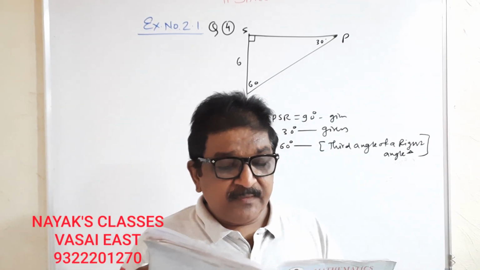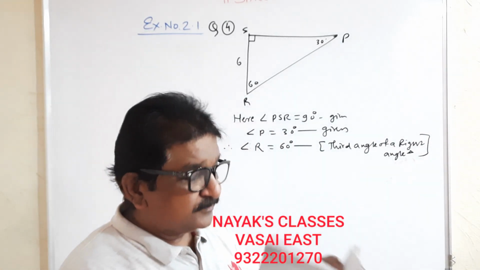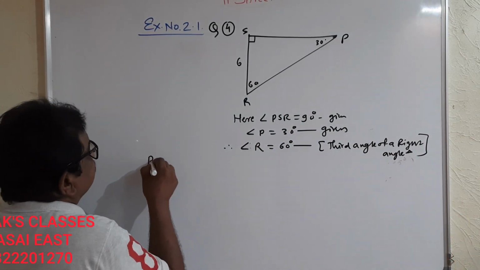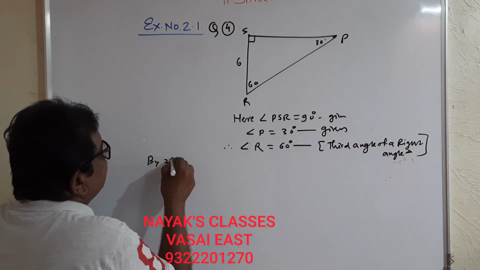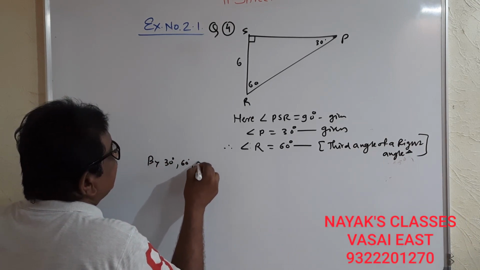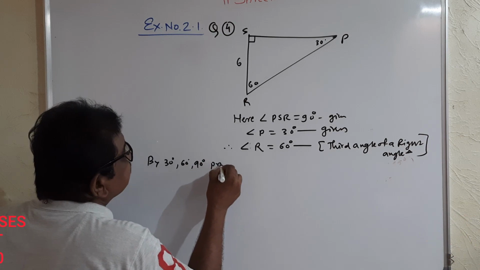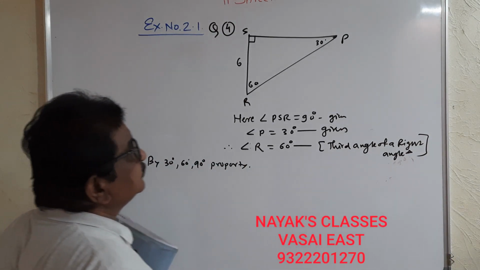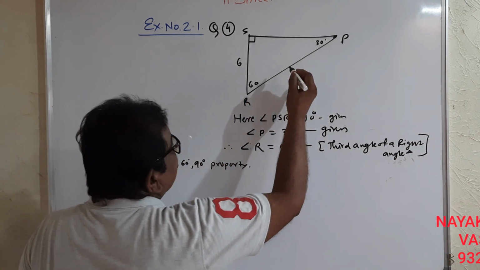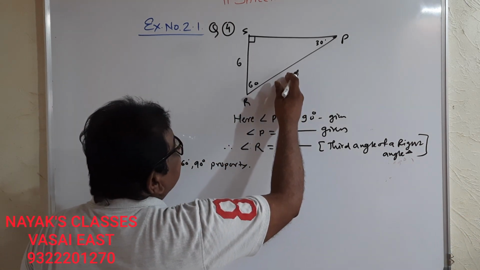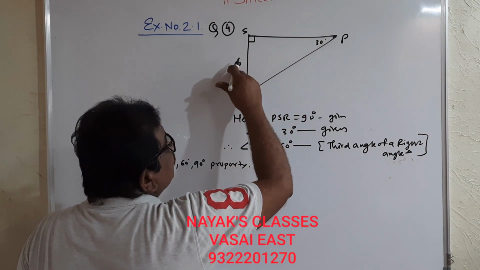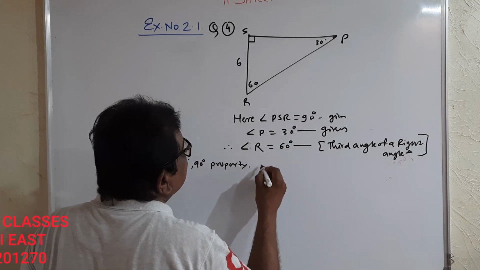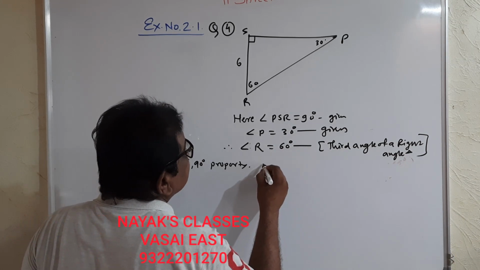Very good. Therefore, by the 30, 60, 90 degree property, we can say the side opposite to 30 is half of the hypotenuse. Correct?